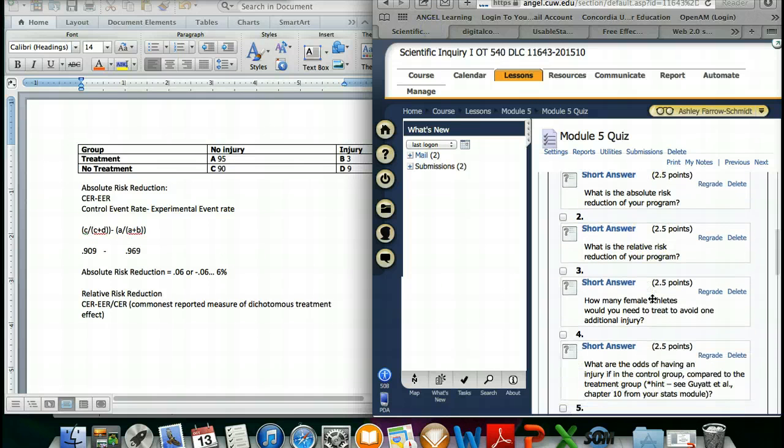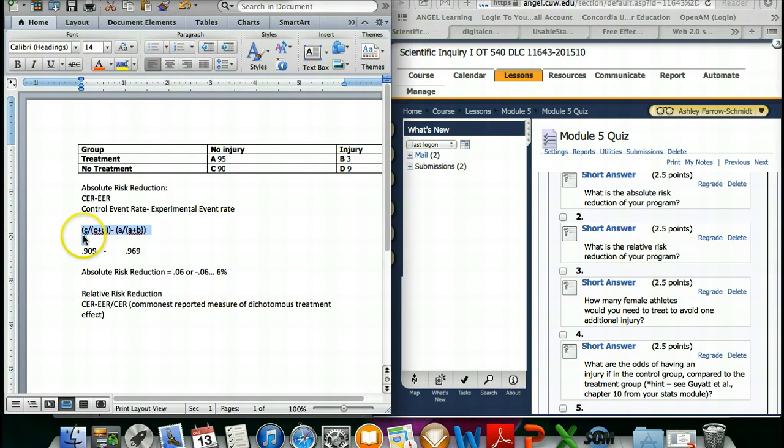The second part of the question says, what is the relative risk reduction of your program? Well, we just need to calculate it. And we know that relative risk is essentially the risk ratio. It is the risk of an event in the experimental group divided by that in the control group. Since we already calculated most of it, you just need to use those numbers.